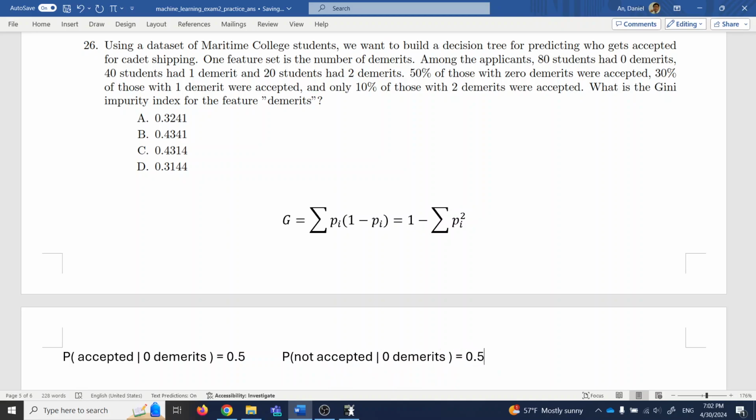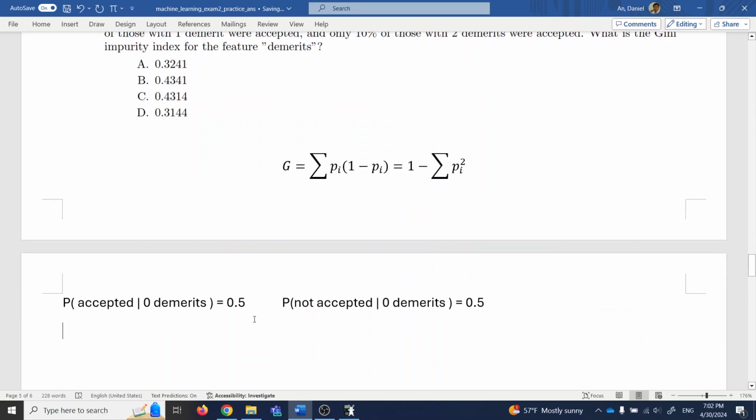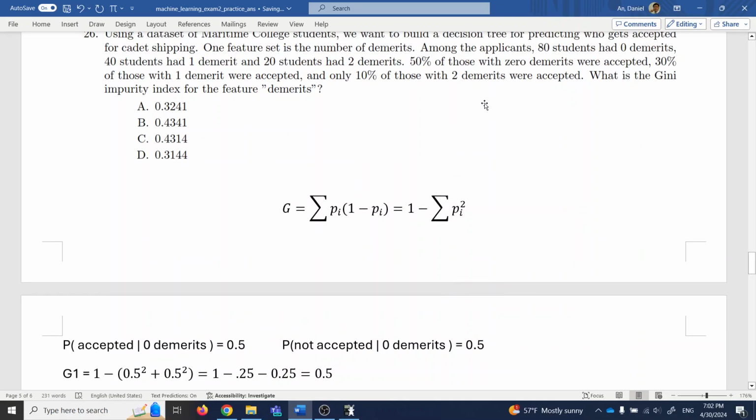So if I go by the second formula, the Gini index, I'll call this G1, that's going to be 1 minus 0.5 squared plus 0.5 squared, which is 1 minus 0.25 minus another 0.25, which is 0.5. Okay, good. 1 down, 2 more to go.